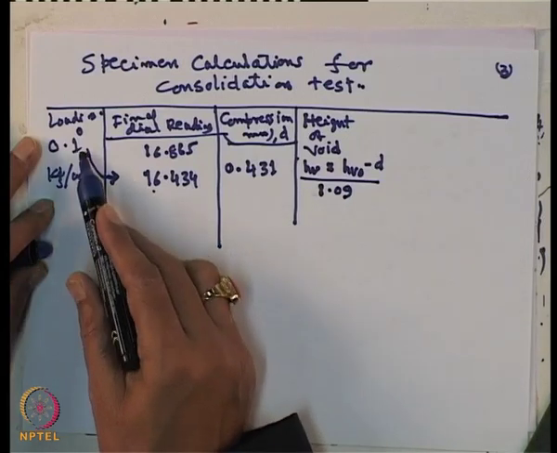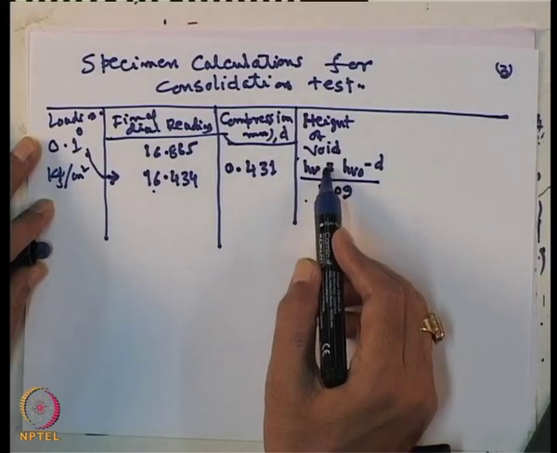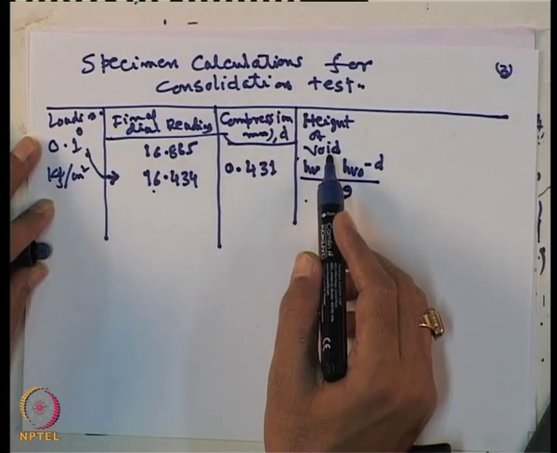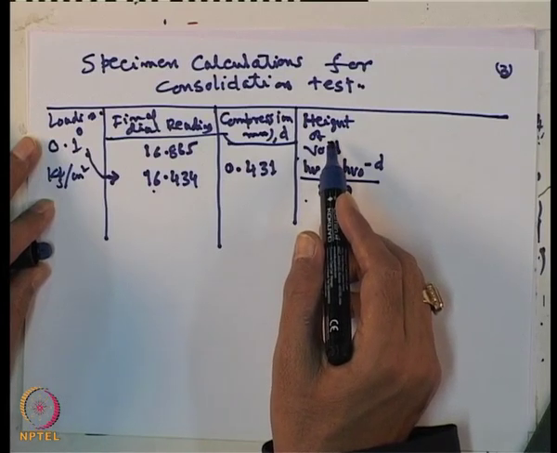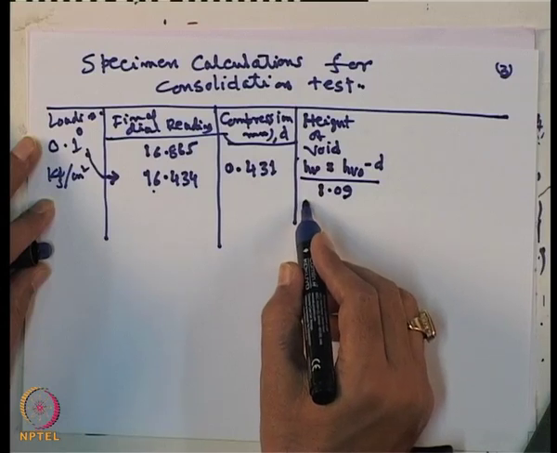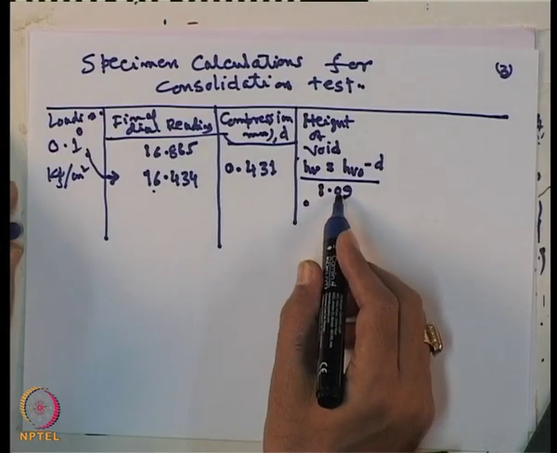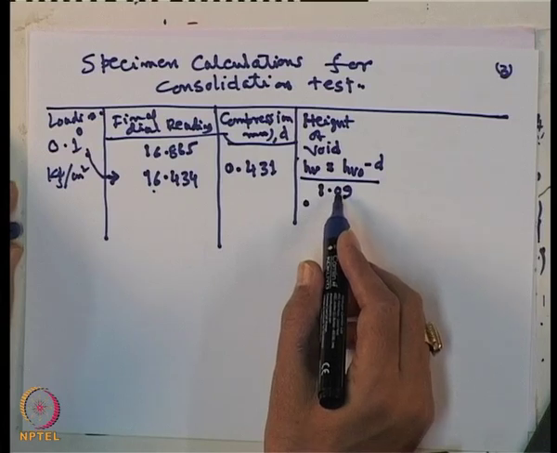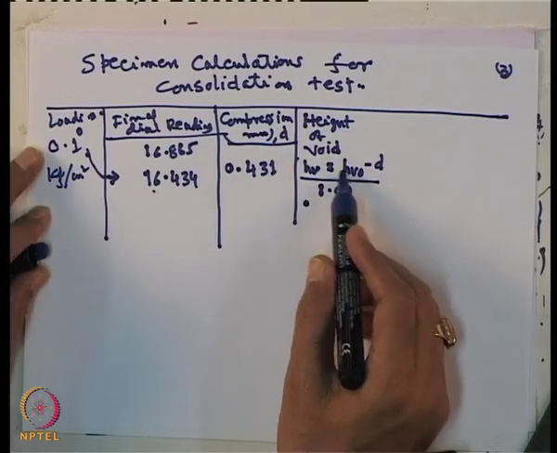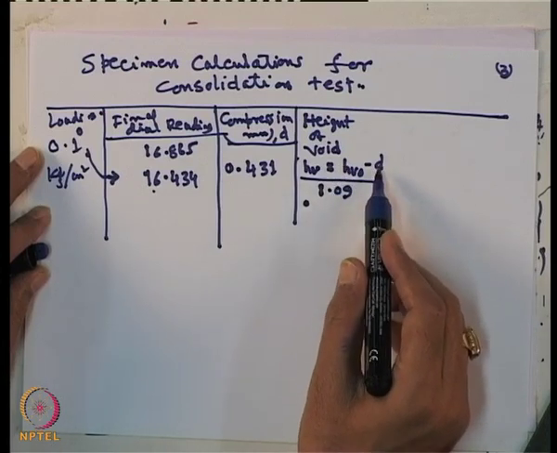And for a load of 1 kg per centimeter square, the height of void is equal to h of v0 minus d.